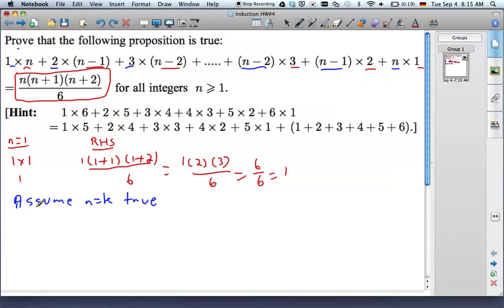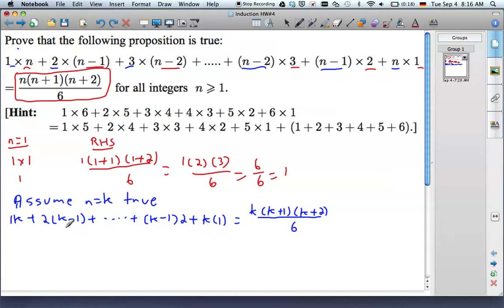So we're going to assume that if you have 1 times k plus 2 times k minus 1 plus ... plus k minus 1 times 2 plus k times 1, it is equal to k times k plus 1 times k plus 2, divided by 6.